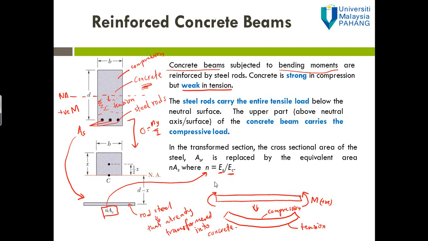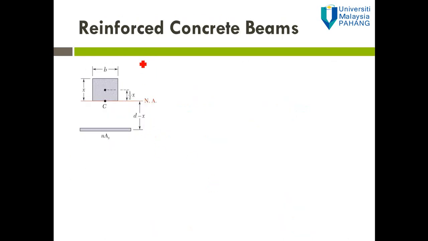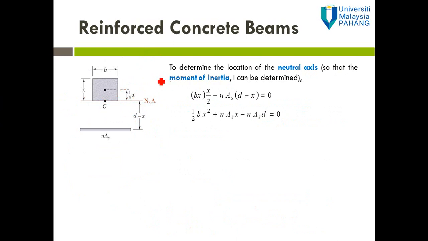Next slide. Now, in order to determine the stress in the reinforced concrete beam, where the stress is given by sigma equals My over I, or sigma max is equal to Mc over I, this is what we call the flexural formula.